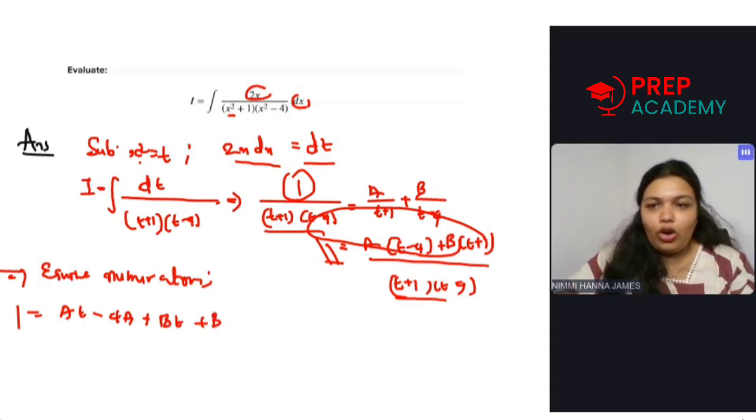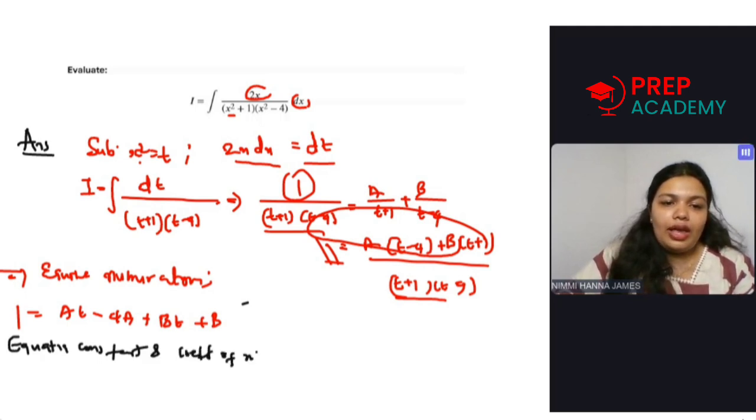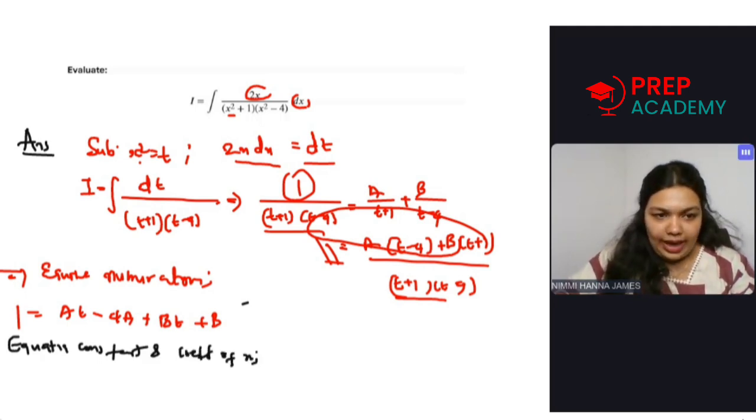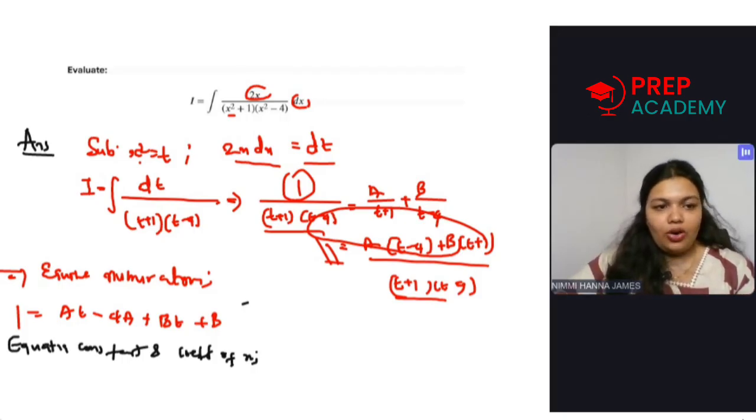Okay, now equating the coefficients. Equating constants and coefficient of t. So what do we have? The constant term on the left side is 1, and on the right side the constant is minus 4a plus b.